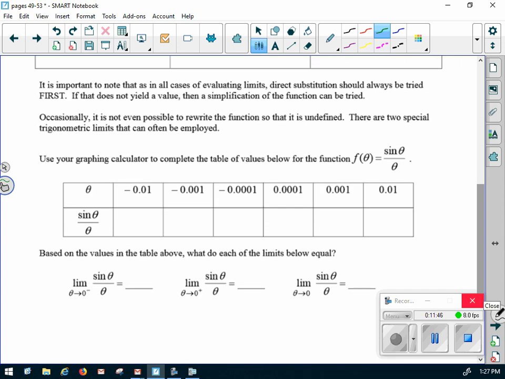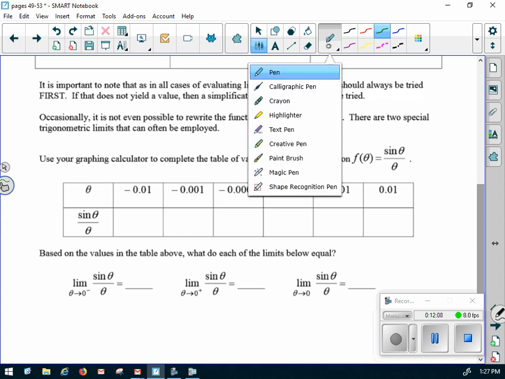Now, if you'll notice in your notes, there are several tables. We are not going to do all 3 of those tables, but we are going to do this first one, and you will need your calculator here. Please come up with a highlighter.